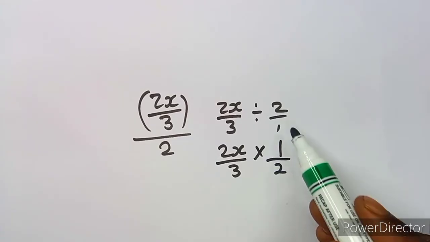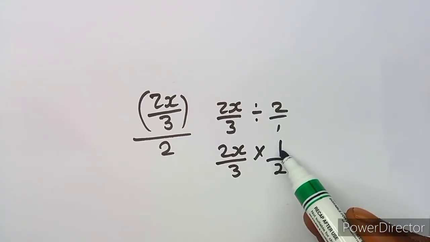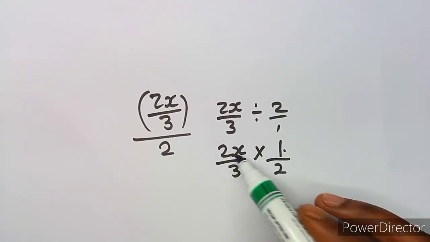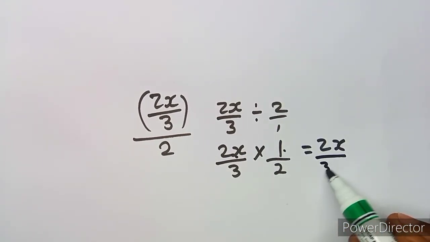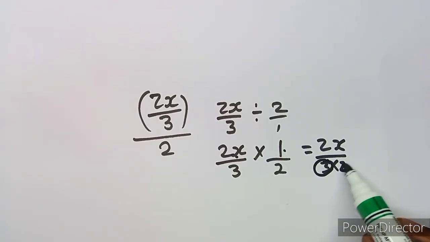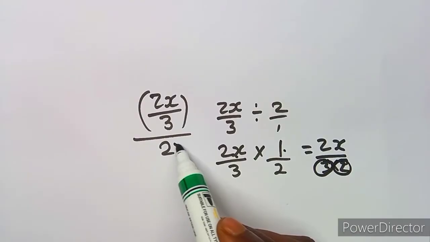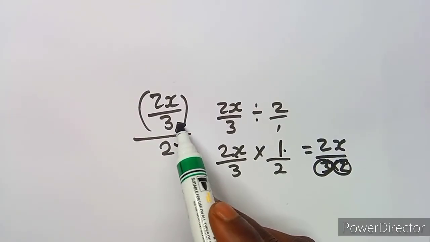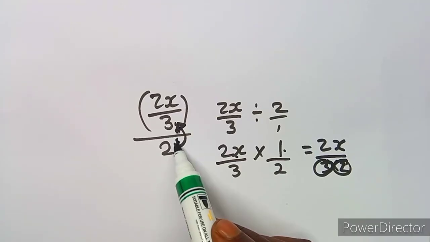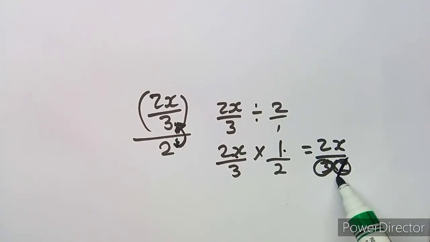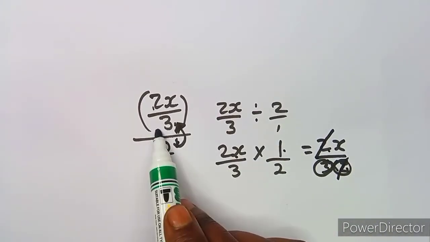So are you seeing that it's still one and the same thing to say that 1 times this is 2x over this one is same as 3 times 2. So I want you to see the effect that is happening of 3 and 2. These two numbers are actually on the same denominator if they are written like this. So it means these two can reduce with these two because they are in the same denominator.